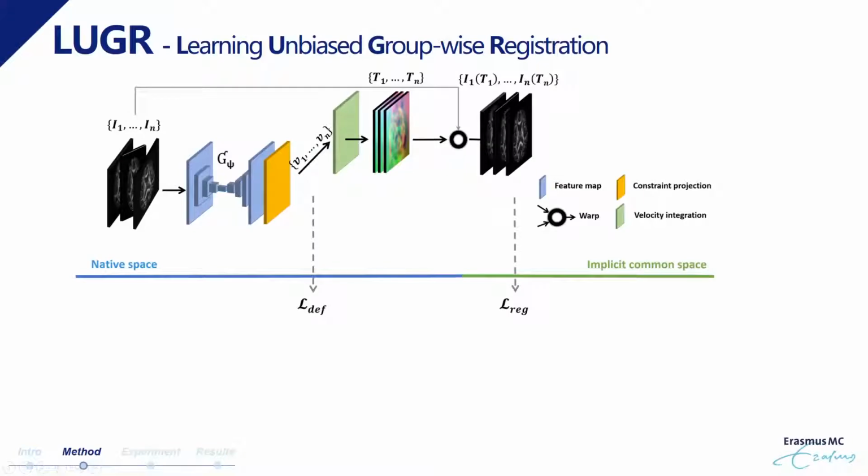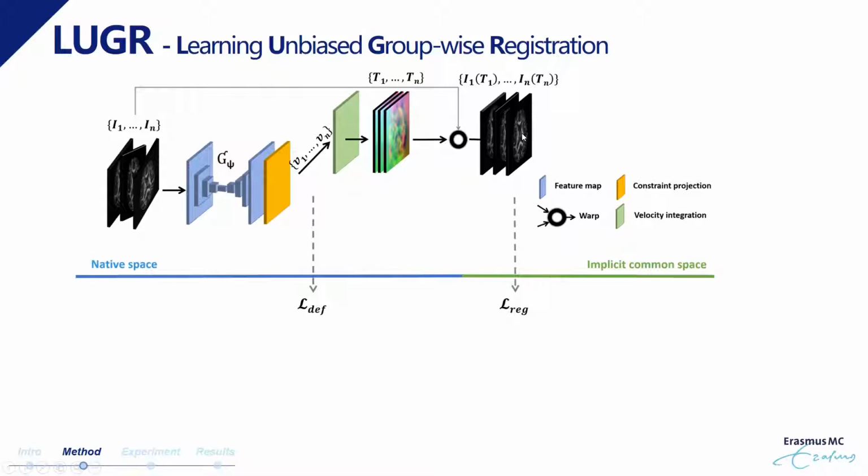Now let's get on to the method part. This figure shows the proposed module for learning unbiased group-wise registration. From left to right, let's consider a group of input images I, each described by intensity values. The aim of our method is to simultaneously estimate a set of transformations T using a convolutional neural network, such that input images I can be warped to a common reference space and spatially correspond with each other.